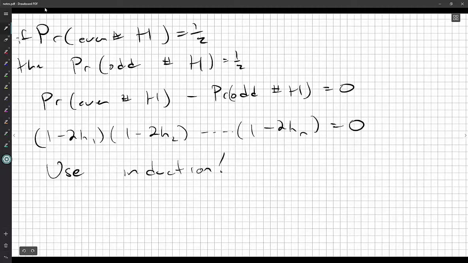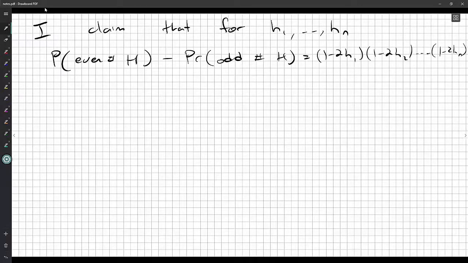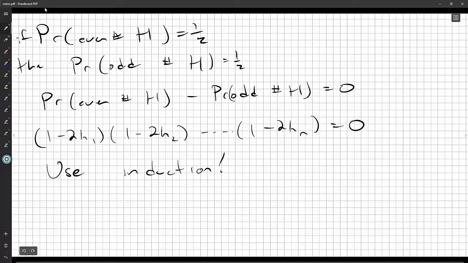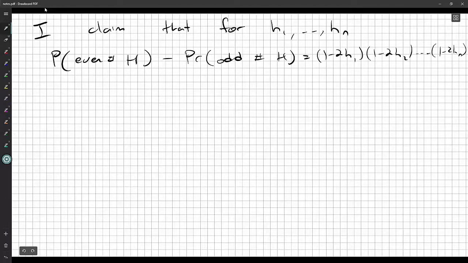It was 1 minus 2h1, 1 minus 2h2, and so on, down to 1 minus 2hn. And that's what we're going to claim, and then because that's going to be specifically equal to the 0 that we've just pointed out, we'll get this statement as our conclusion, and then one of them is going to have to be equal to 1/2. Okay? So how are we going to do that?